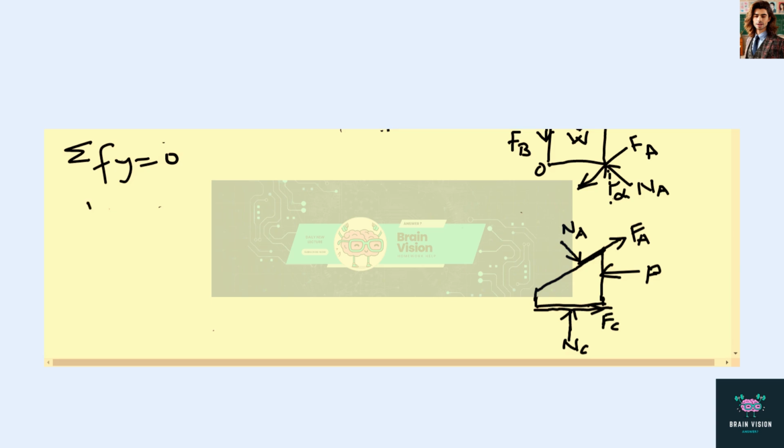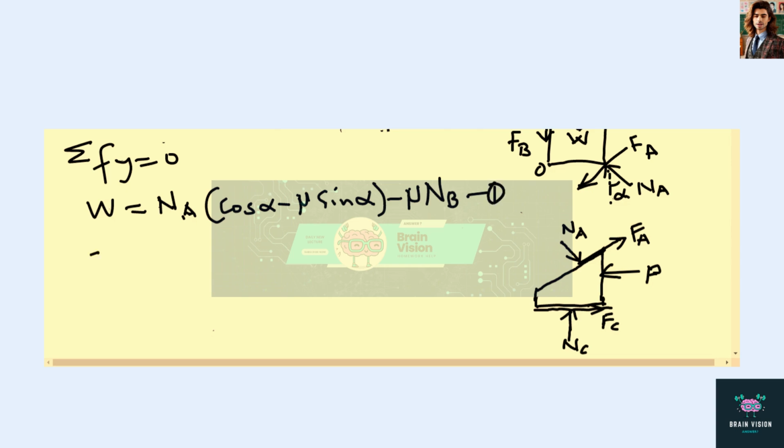We are going to arrive at W is equal to NA, the normal reaction at A, cos alpha minus the coefficient of static friction sine alpha, minus mu, the coefficient of static friction, and the normal reaction at B. You can call this equation 1.